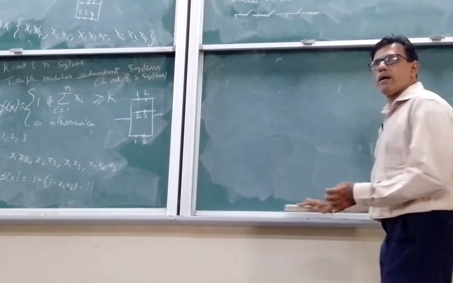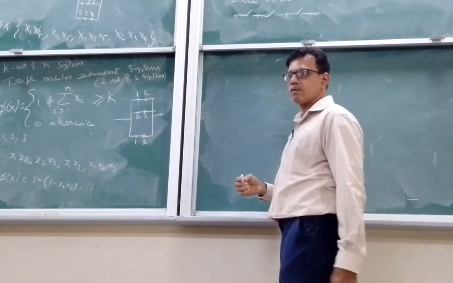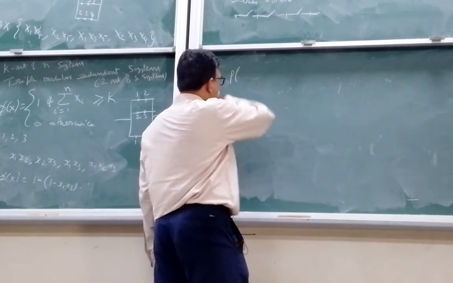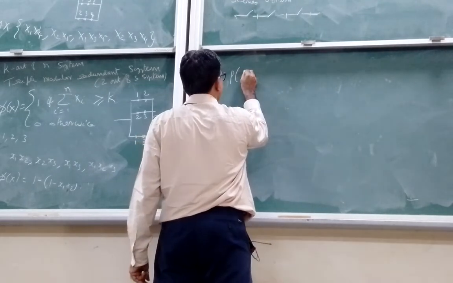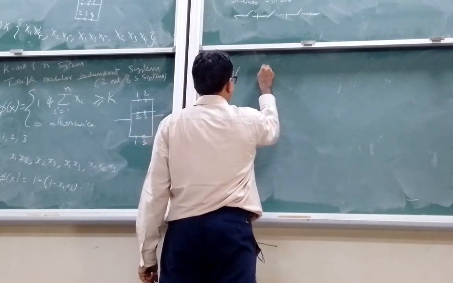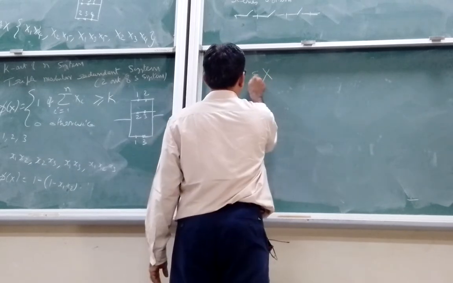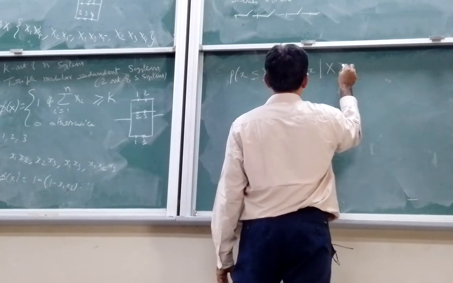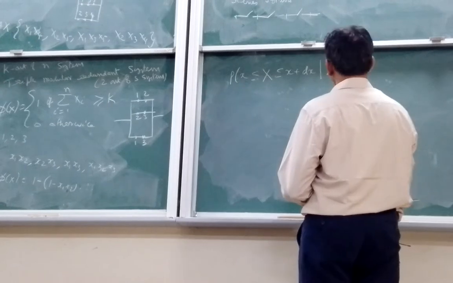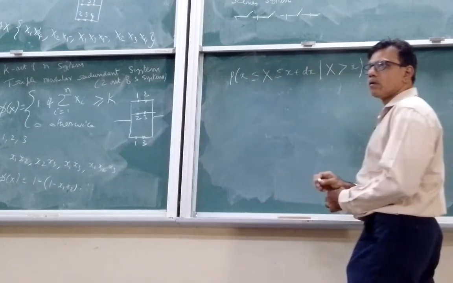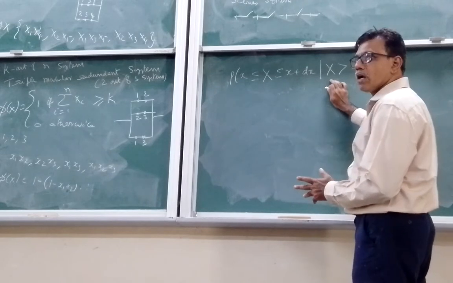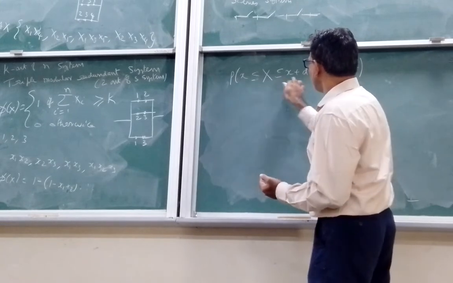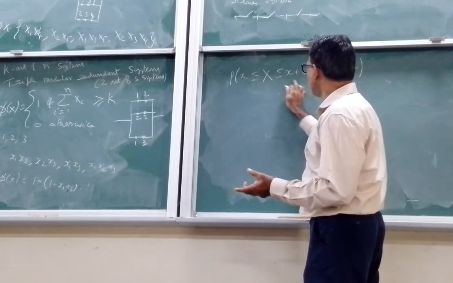Then we also recall we discussed the hazard function. That is the probability that x, the lifetime of a system, lies between x and x plus dx, given that x is greater than x. That is, conditioned on the fact that it has survived till time x, what is the probability that it will survive for the next time interval of duration dx?